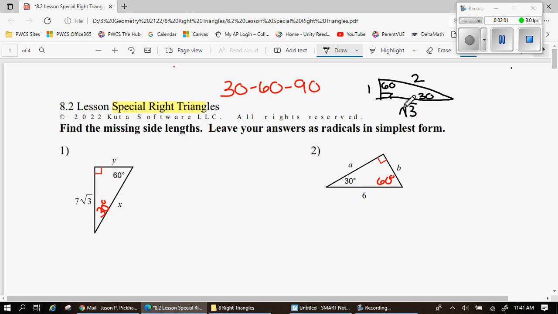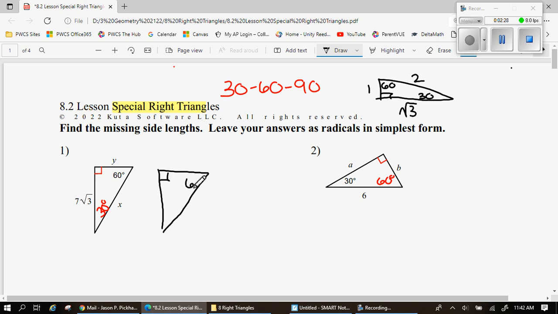And we know that triangles can be similar if we know that their angles are the same. So any 30, 60, 90 right triangle is going to be similar to this one. And that means we can write some proportions. If I want to find the missing pieces in this right triangle, I notice I have a 60, so I put that 30 there. I'm going to draw a triangle that looks like it, in the same orientation.